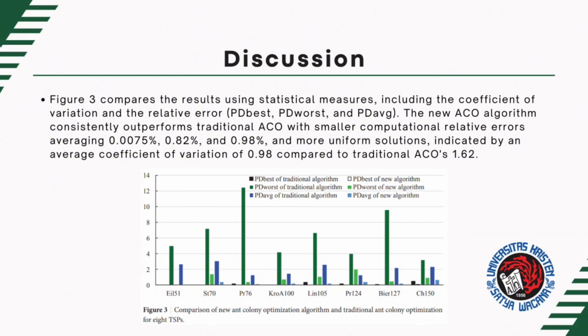The new ACO algorithm consistently outperformed traditional ACO, with smaller computational relative error, and more uniform solutions, indicated by an average coefficient of variation of 0.98 compared to traditional ACO's 1.62.